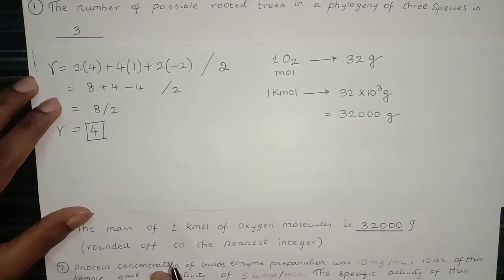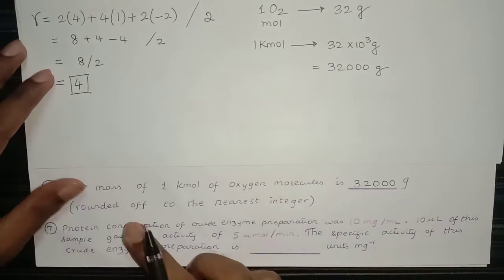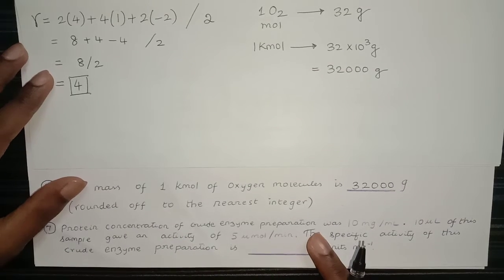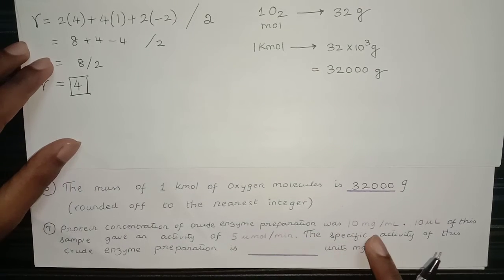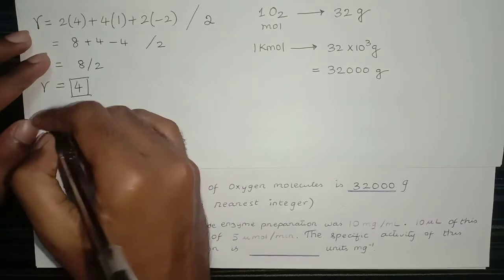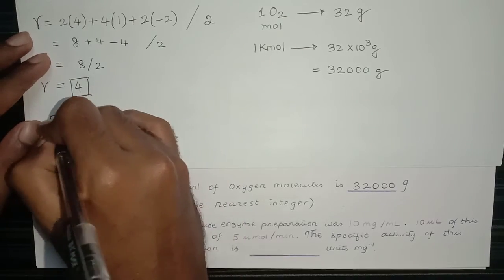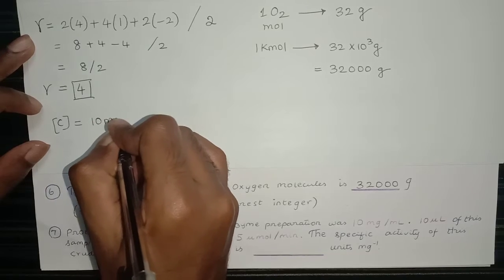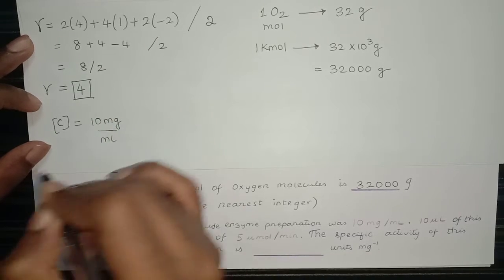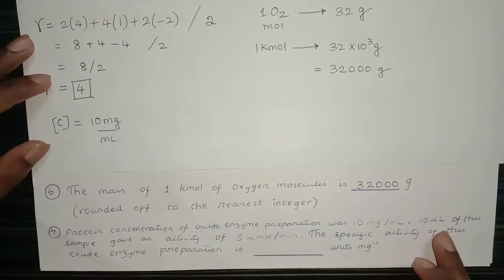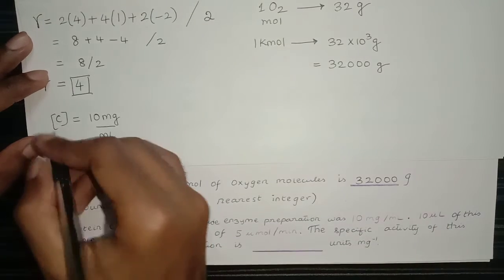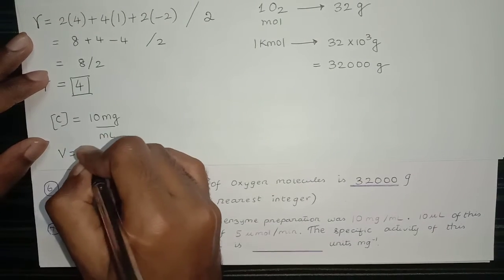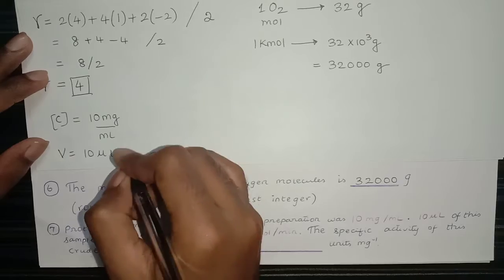So we have been given the protein concentration of a crude enzyme preparation, that is 10 mg per ml. That is concentration of protein C is equal to 10 mg per ml, and the sample volume is 10 microliter. That is volume is equal to 10 microliter.